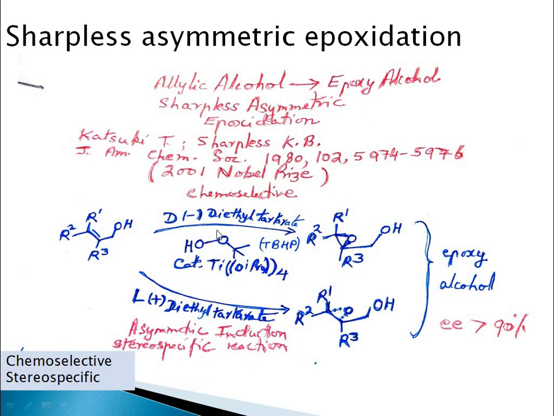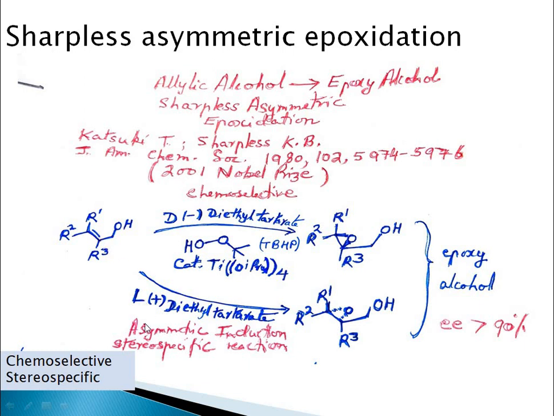Because this diethyl tartrate, as we can see, it can be minus or plus, that is, it is chiral. So we get a chiral epoxide, one of these two in excess. It can be either this or it can be either this. In other words, this was not a chiral face, but it became chiral. This is not chiral, but it is a prochiral face.